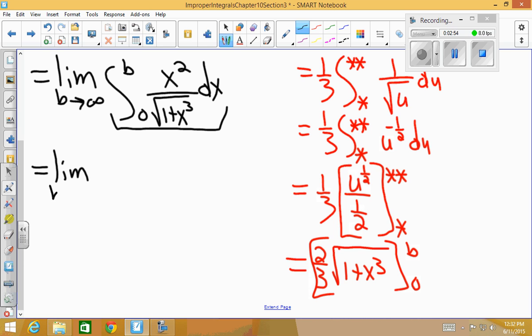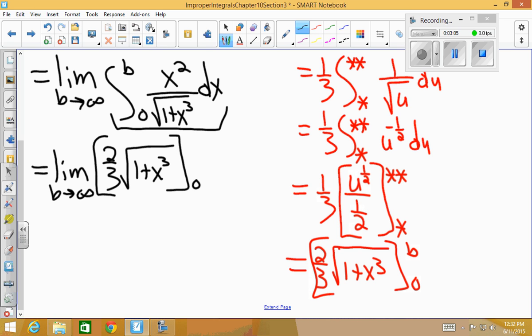We have the limit as b goes to infinity of 2/3 square root of 1 plus x cubed from 0 to b. So the first thing that we do is we substitute the b in for x. That's the upper limit of integration we're substituting in.